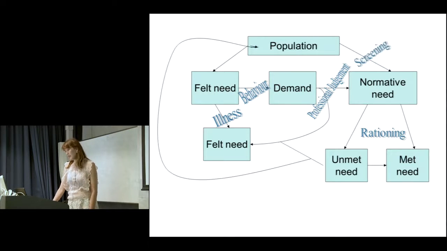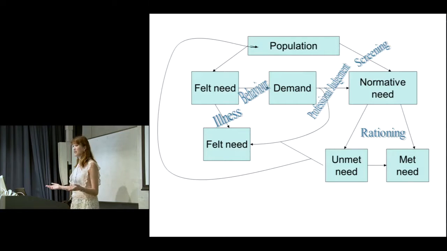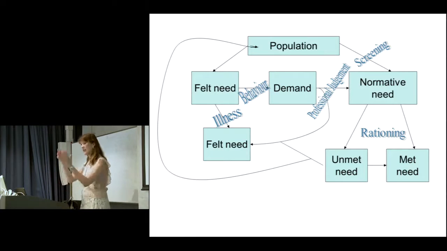The last thing, just to point out also, is that it's possible that you are in a healthy population, and we are school public health, so we think about populations, without a felt need.